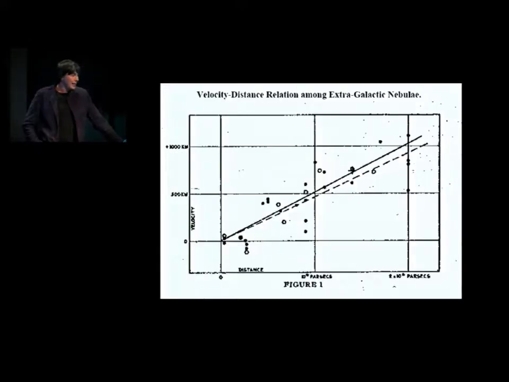It was 1929 when Hubble showed that distant galaxies are receding from us, and the further you look away from the Earth, the faster the rate of recession of the galaxies. This is an original plot, actually, in 1929, which pinned down experimentally the idea that the universe is expanding.